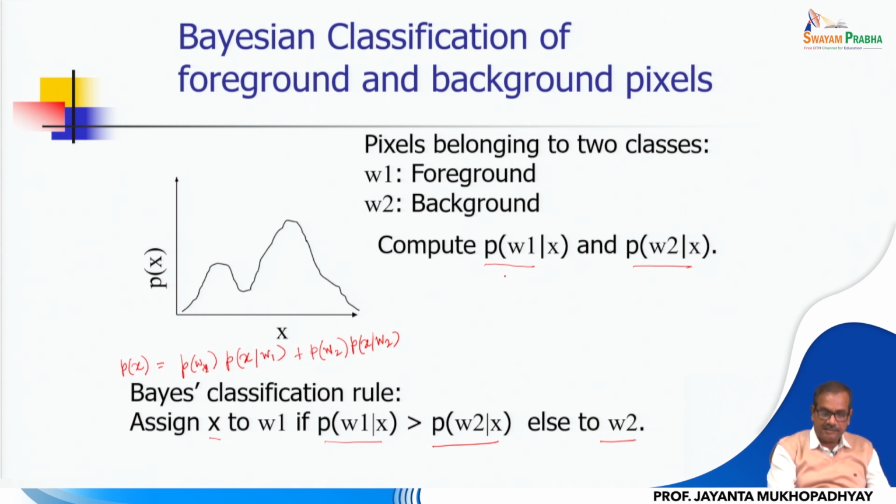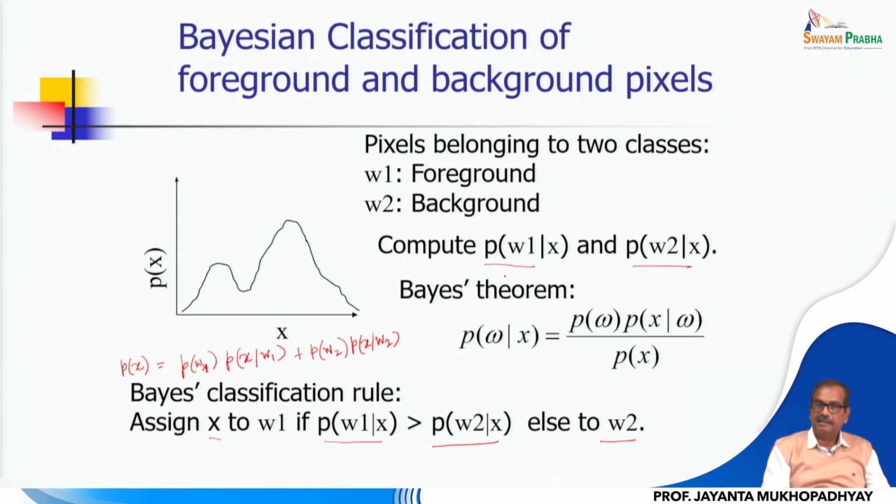For that we can use the Bayes theorem. I have shown it with respect to class nomenclature omega in general. The posterior probability of class omega given x is given by this expression: in the numerator, probability of omega times probability of x given omega, divided by probability of x. This comes from the joint probability of x and omega itself.